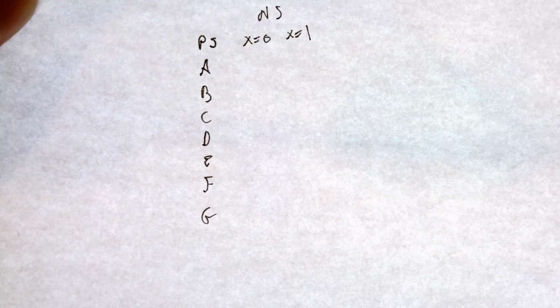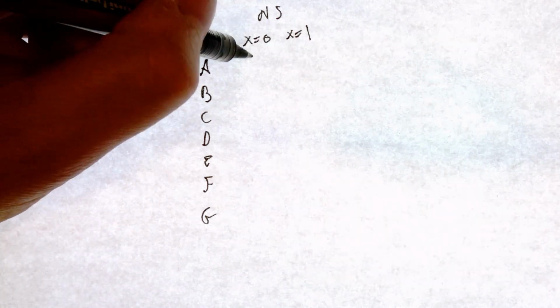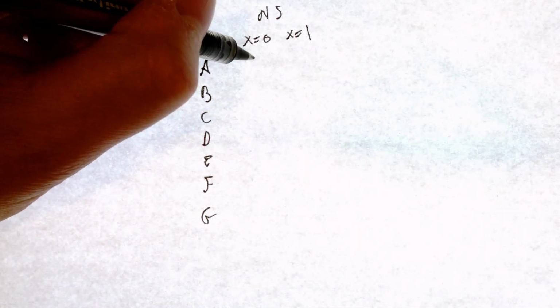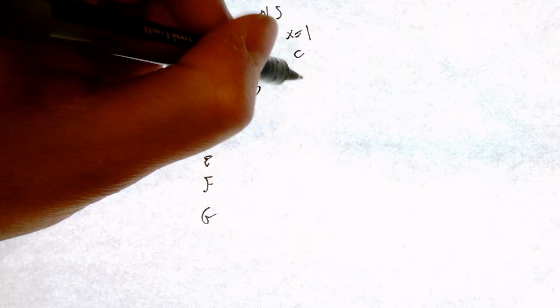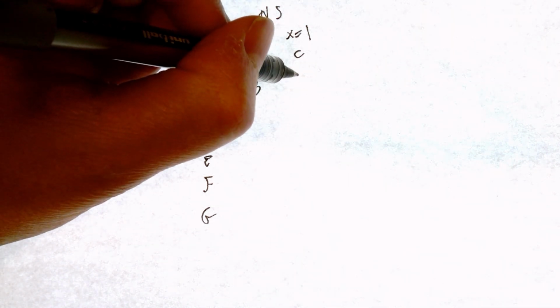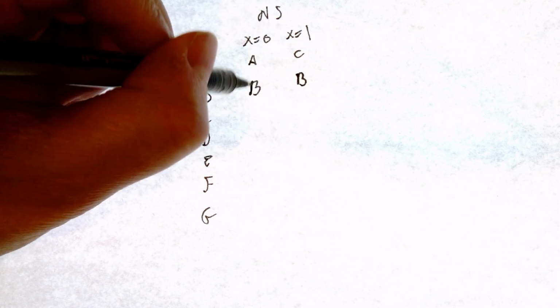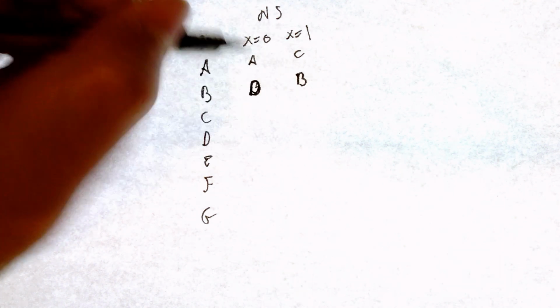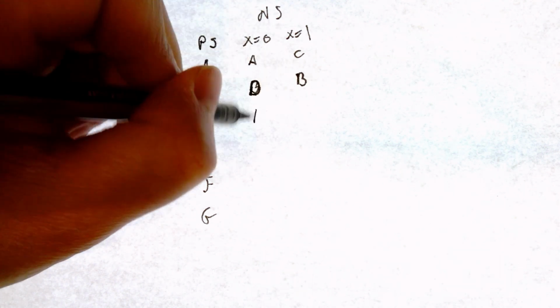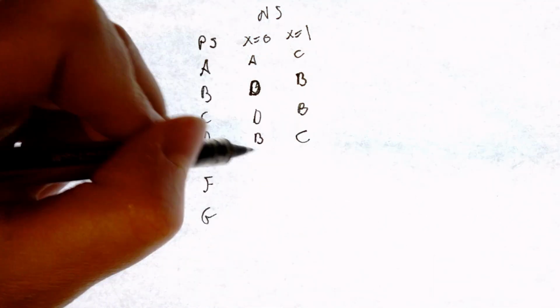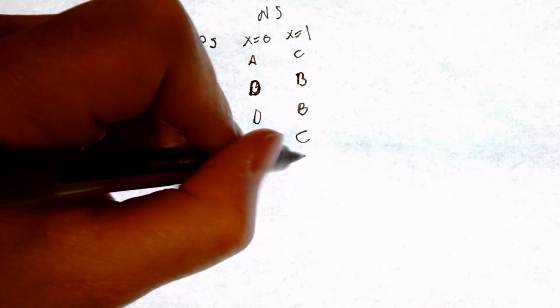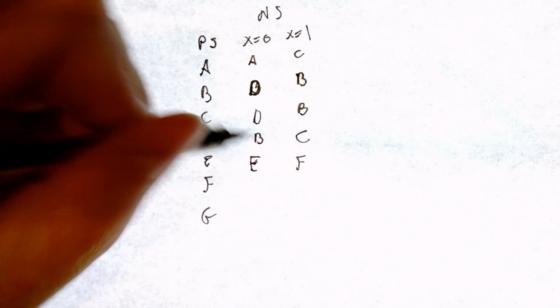And then we'll write out the encode of the finite state machine diagram. That should be a D. That should be an E.